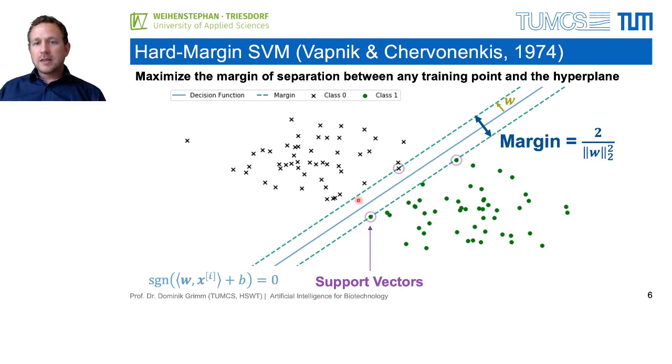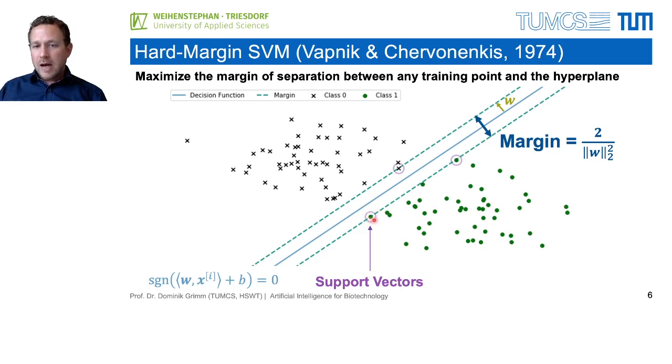The interesting thing is that we can do predictions by only knowing the support vectors. We don't have to know anything about the other points anymore after we have found the support vectors. So the goal is to find a decision function in such a way that the margin around the decision function is maximized between the training points and the hyperplane.